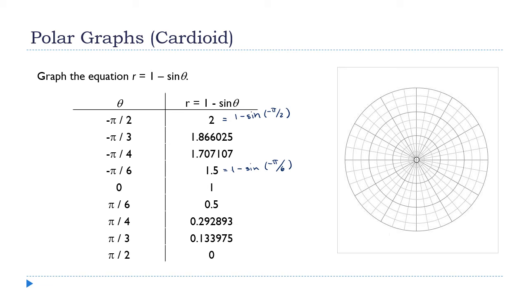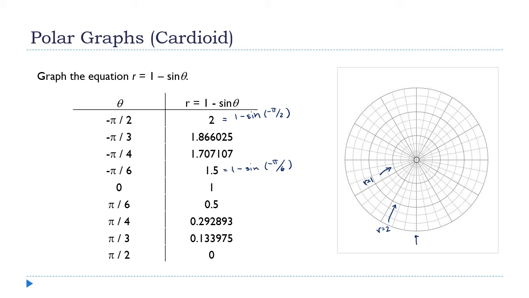Here's what I'm going to do. I'm going to distort this just a little bit to make sure we have room to really get this in here. I'm going to make this line r equals 2, which makes this line r equals 1. All right, so let's see if we can plot these. When theta is negative pi over 2, that's this line here.